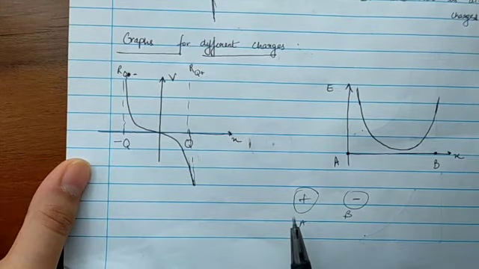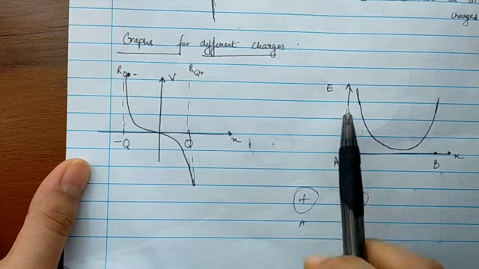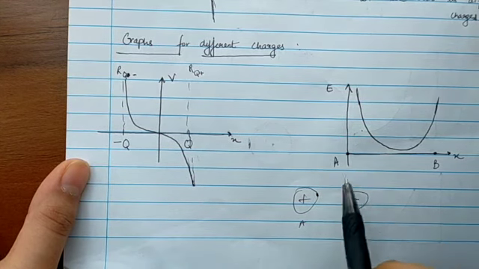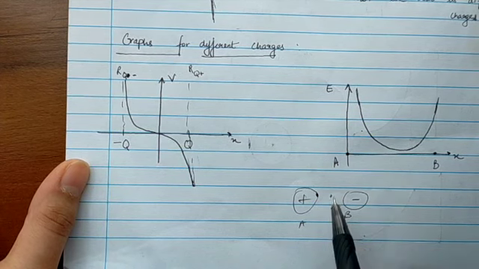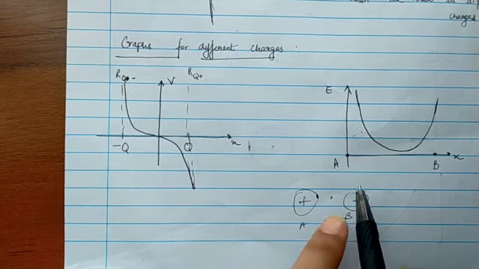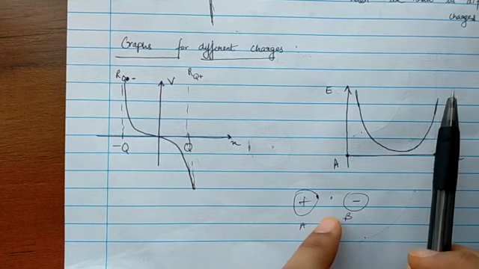But let's just say that they're the same in magnitude. Then the electric field will be the highest on the surface of A. And as you go closer, it never becomes 0 since they're opposite charges. But it gets a minimum at the midpoint. And then as you get closer and closer to B, it gets affected by the field at B, and the field strength increases.